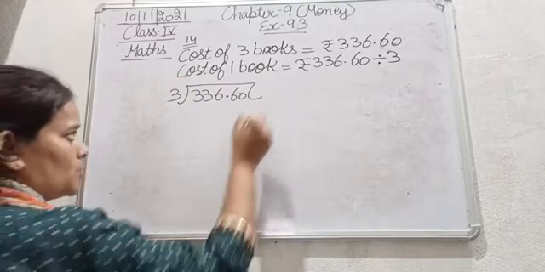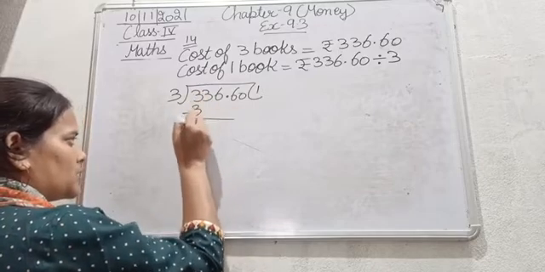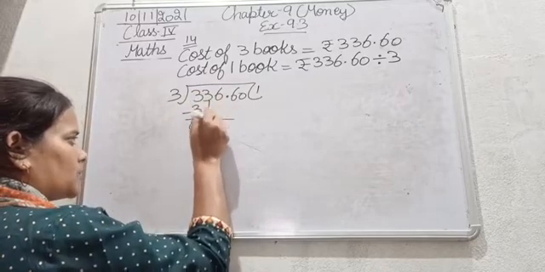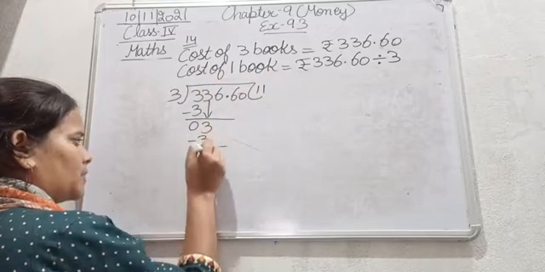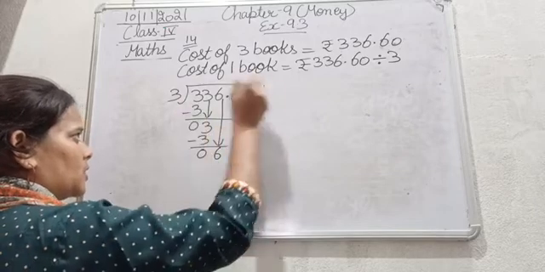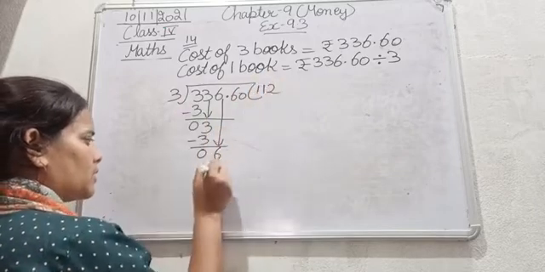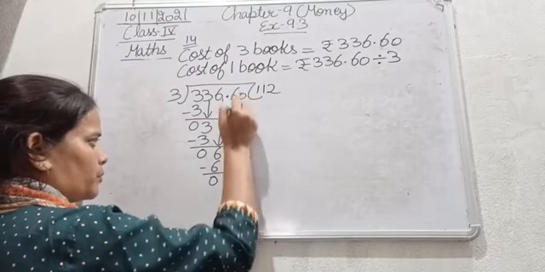3 ones are 3. 3 minus 3 is 0. Bring down the next 3. 3 ones are 3. 3 minus 3, 0. Bring down the next 6. 3 twos are 6. 6 minus 6, 0.